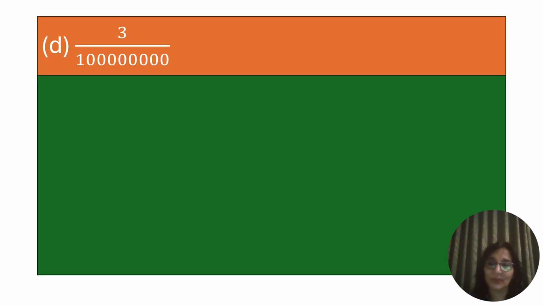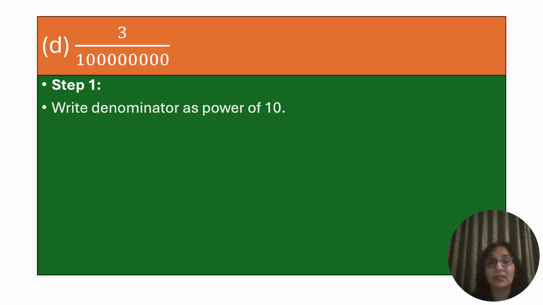Let's see another question. Now this is given in this form, 3 upon 10 with the number of zeros given. First thing you have to do is write the denominator as a power of 10, because the number is all zeros, 10 and the number of zeros. So how many is it to the power? It is 10 to the power 8, that is 1, 2, 3, 4, 5, 6, 7 and 8.